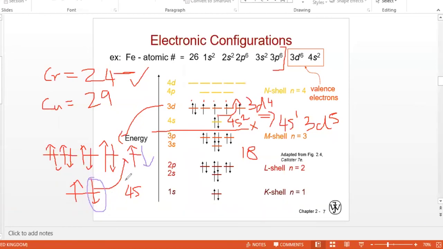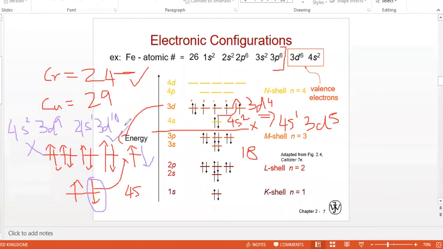So there also we will not write 4s2 3d9. We will not write like this, but we will write 4s1 3d10. This way we will write.